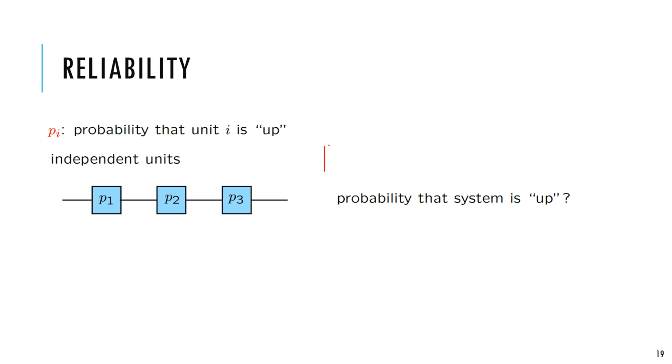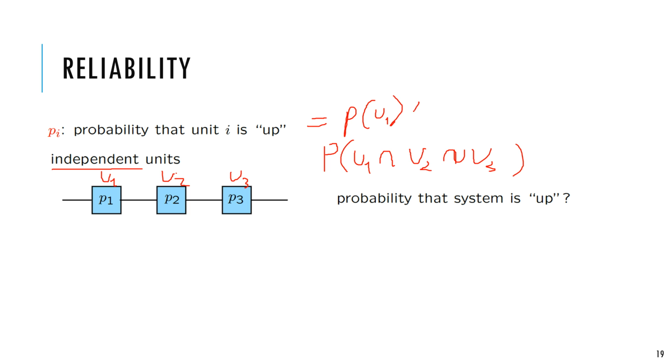It means that the probability of unit 1, unit 2 and unit 3 all being up. Since the 3 units are independent, it's equal to the probability of unit 1 multiplied by unit 2 multiplied by unit 3.